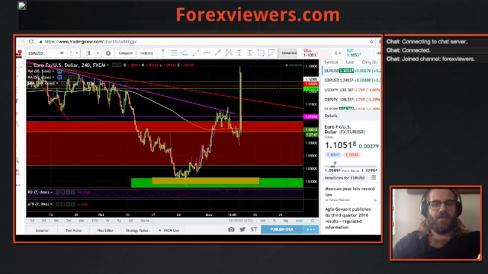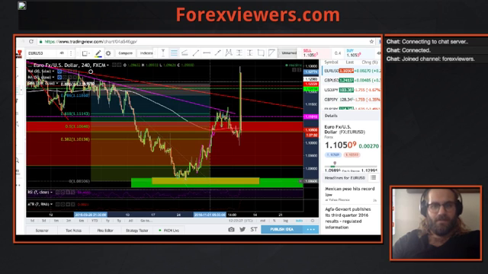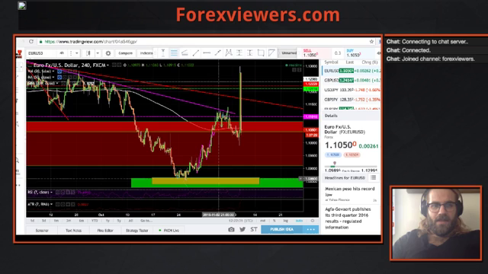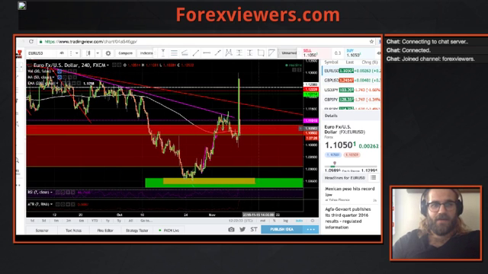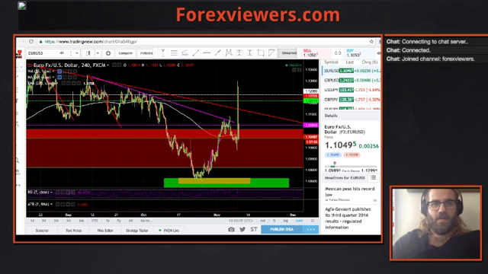You could draw this on a daily, but I want to zoom in a little bit so everybody can see. If I take the most obvious point here, you can see that if we draw it down, swing high to swing low right here. Sorry, there are actually two patterns in here, and I can show you both. I want to show you the bigger one first, or the point I would personally draw from.